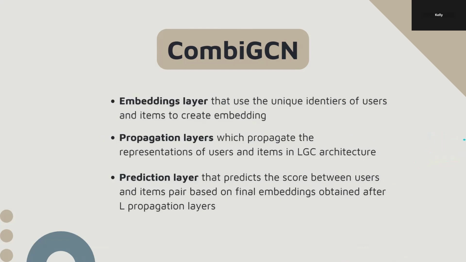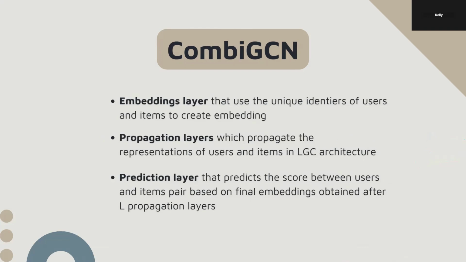This is the general design of CombiGCN, which has three different components. The first one is the embedding layer, which uses the unique identities of users and items to create embeddings.